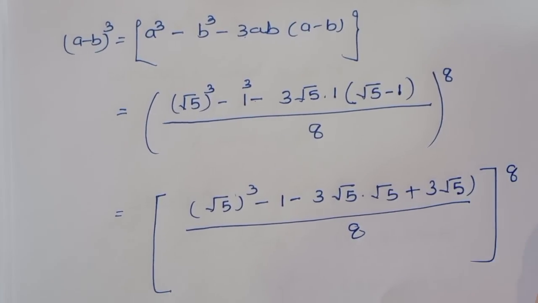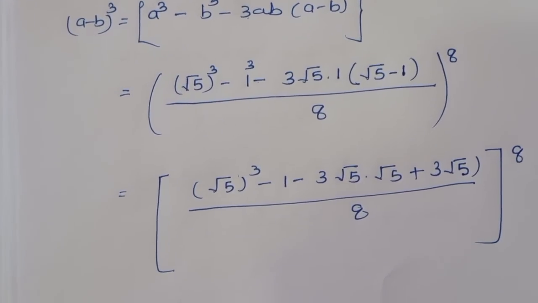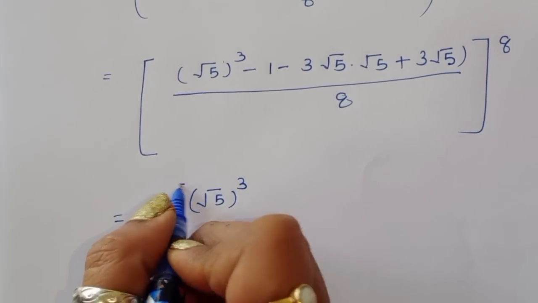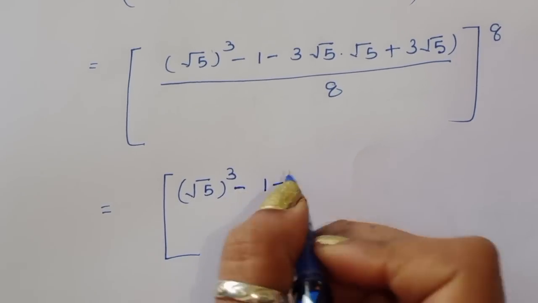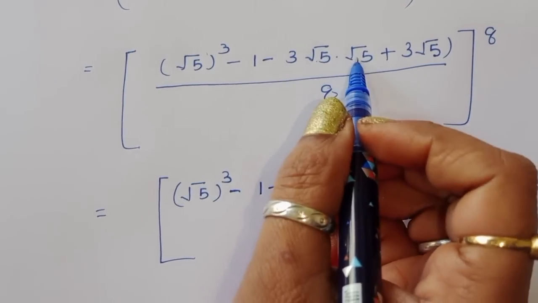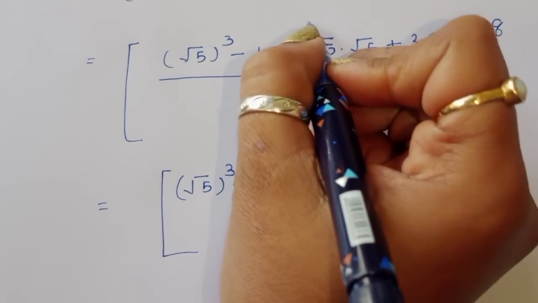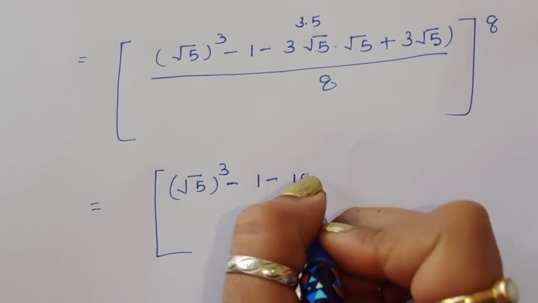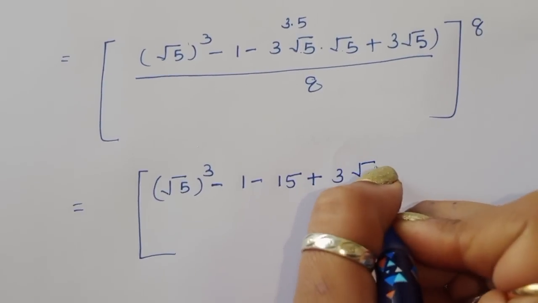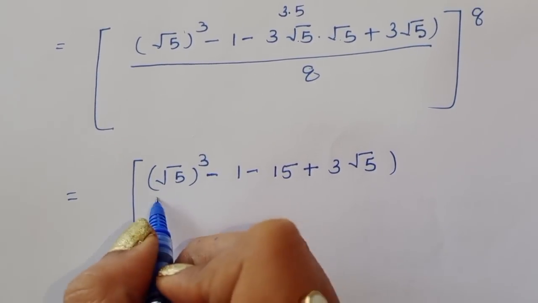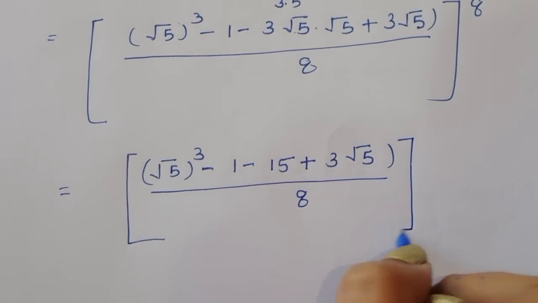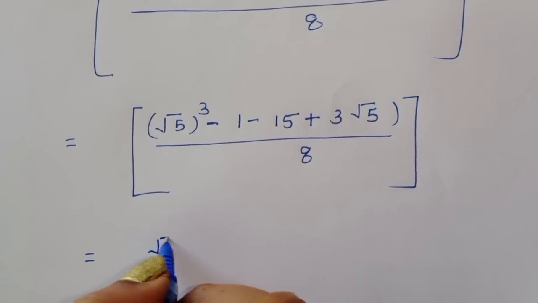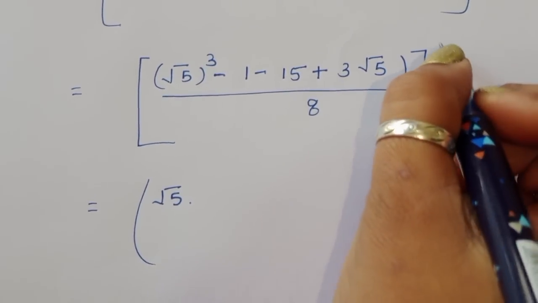3 square root of 5 divided by 8 power 8 is now equal to, we can write this square root of 5 cube minus 1 minus 3 square root of 5 times square root of 5, so it will become 5, right? 3 times 5, so minus 15 plus 3 square root of 5 divided by 8.